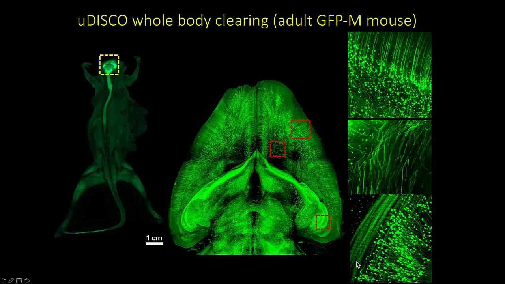You can appreciate even the tiny fibers of the corpus callosum axons; you can almost resolve them with this method. If you zoom in more using a high magnification objective like 20x, you can see individual dendritic spines very nicely throughout the entire tissue.